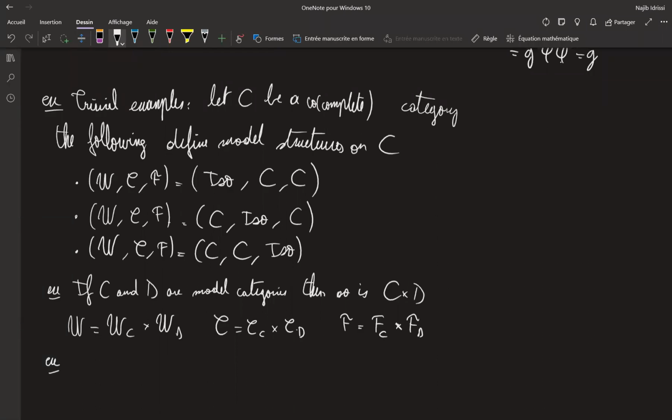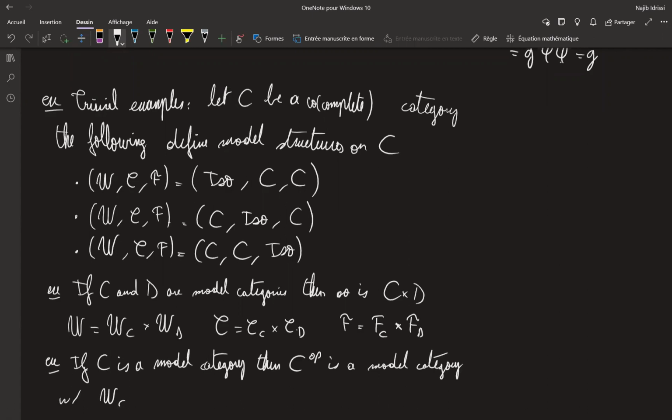And finally, if C is a model category, then C op is a model category with, for weak equivalences, the same ones.